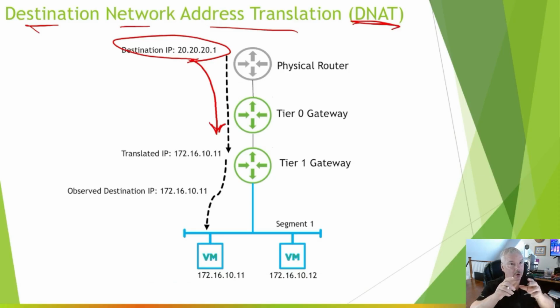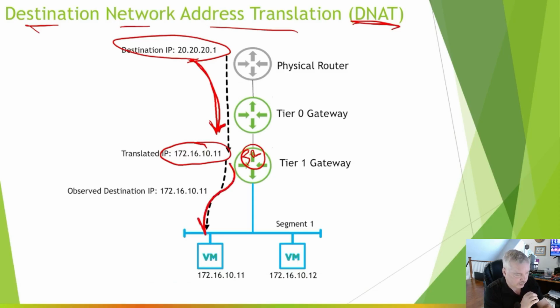Oh, where's it going? I need to take that address out and replace it with something you told me to replace it with. And that's what we're doing in this case. So it's going to come in as 20.20.20.1. On my Tier 1 gateway, that SR component that lives on the edge will say, oh, I'm taking a 20.20.20.1, I'm going to change it with this destination. So now it knows it's got to go down to this VM.